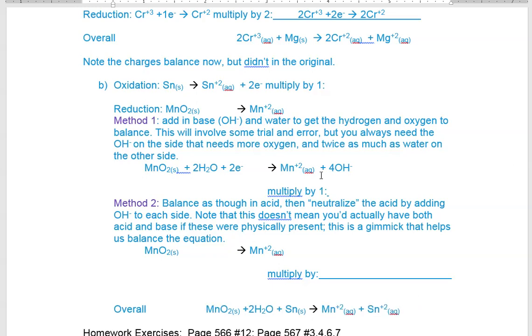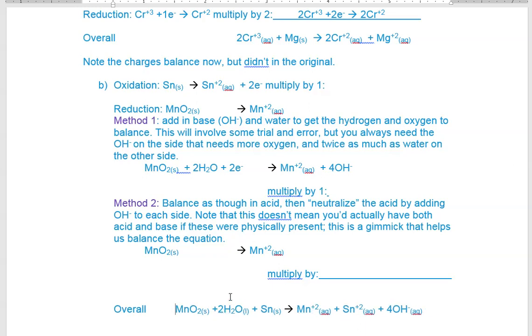On one line. And don't forget states, which I nearly did. So that's method 1. And method 1 works perfectly good. You don't necessarily need to do method 2, but some people like it better.